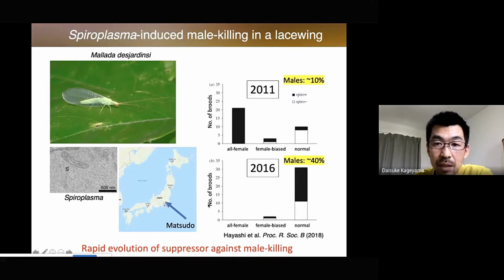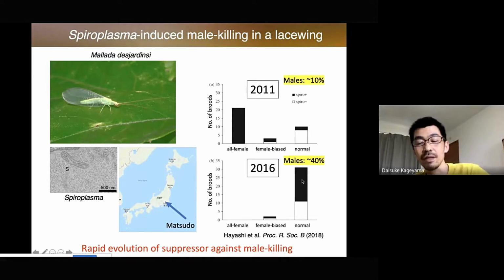In Japan, the sex ratio was quite biased toward females, not as extremely biased as in the butterfly, but males were around 10%, and in 2016, males became 40%.